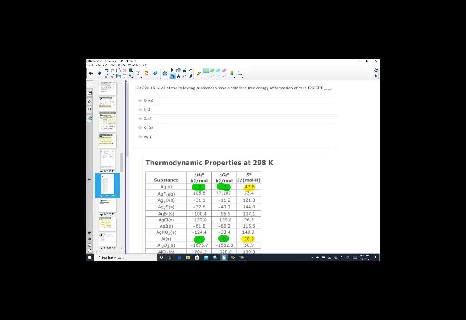Now here's an example old test question. At standard temperature, 298 Kelvin, all of the following substances have a standard free energy of formation of 0, except what? So what this question really is asking you is, which element is not found in nature?